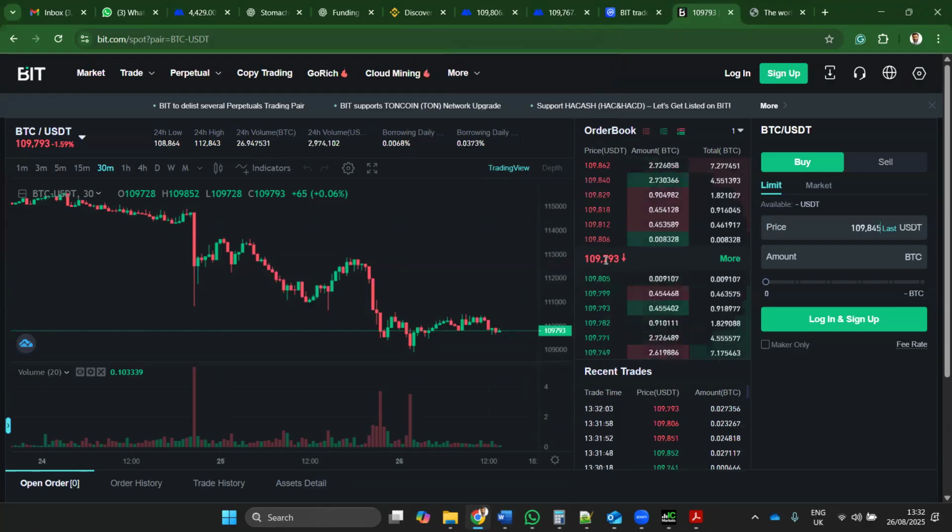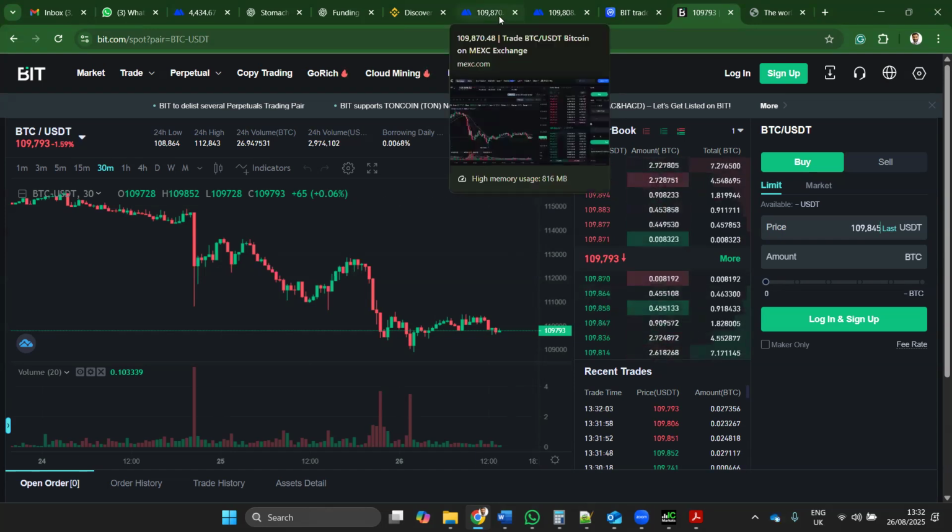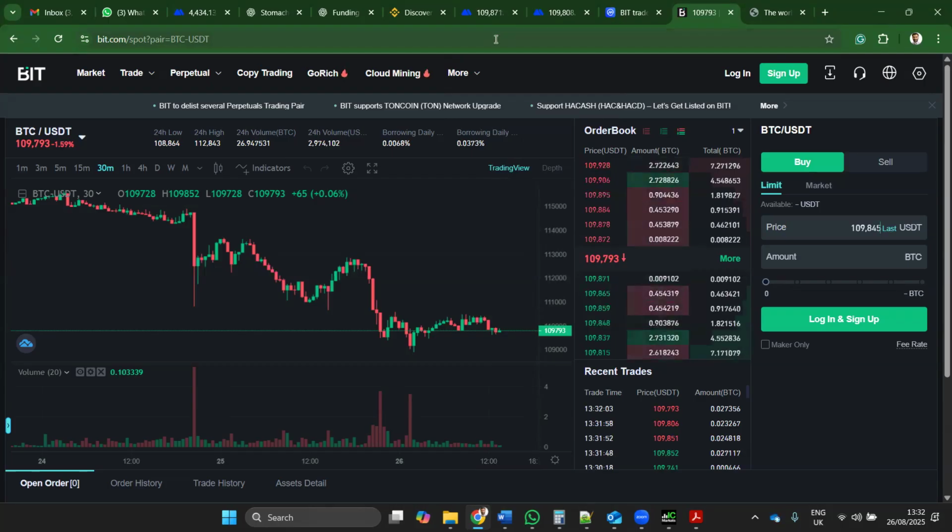So to benefit from this difference is called arbitrage trading. And that is what Henry has been working on for the last week or so, a couple of weeks, I think. So what we can do is buy from an exchange where the price is low and sell it on an exchange where the price is high. But obviously we will have to pay the fee. So we wait for the moment when this difference is big enough to cover all the fees and we'll make some profit.